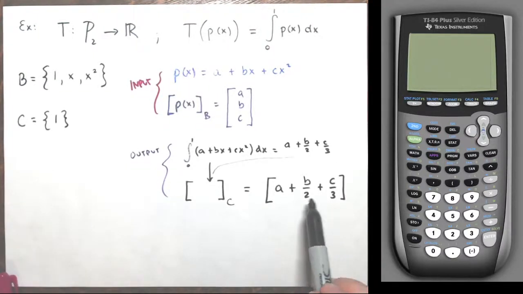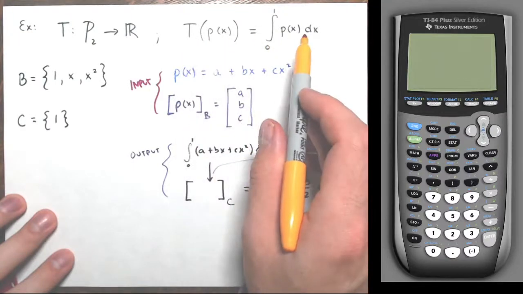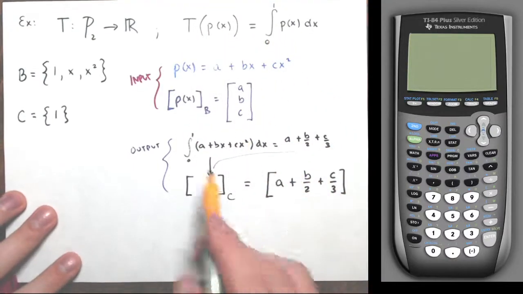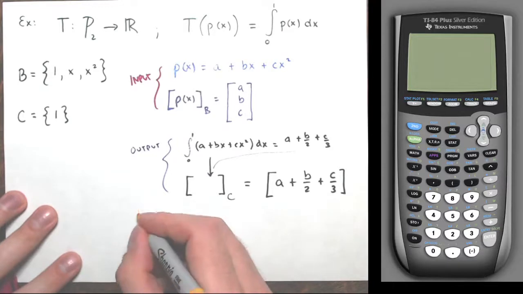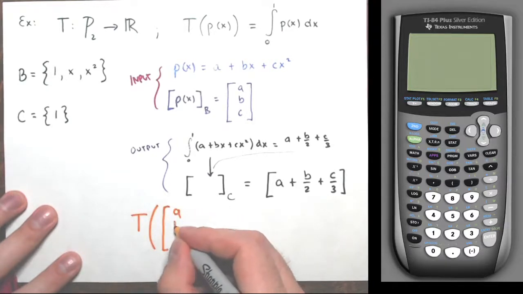All right. So what we have here is I can rewrite this rule in terms of the coordinates with respect to these standard bases. So we have T of, and then a, b, c is the input now.